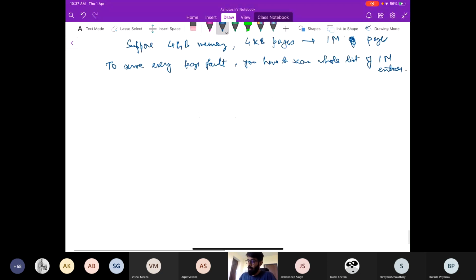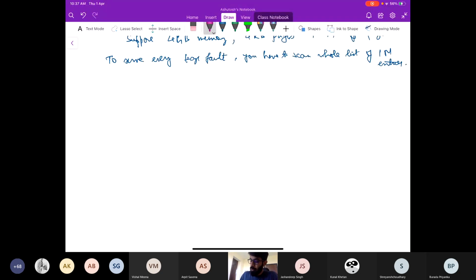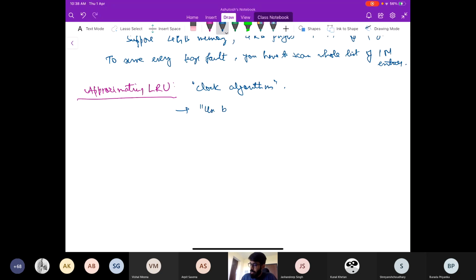So then there is this idea of approximating least recently used. And this is what is called the clock algorithm. Okay. So this uses the hardware support in the form of a use bit, or reference bit.